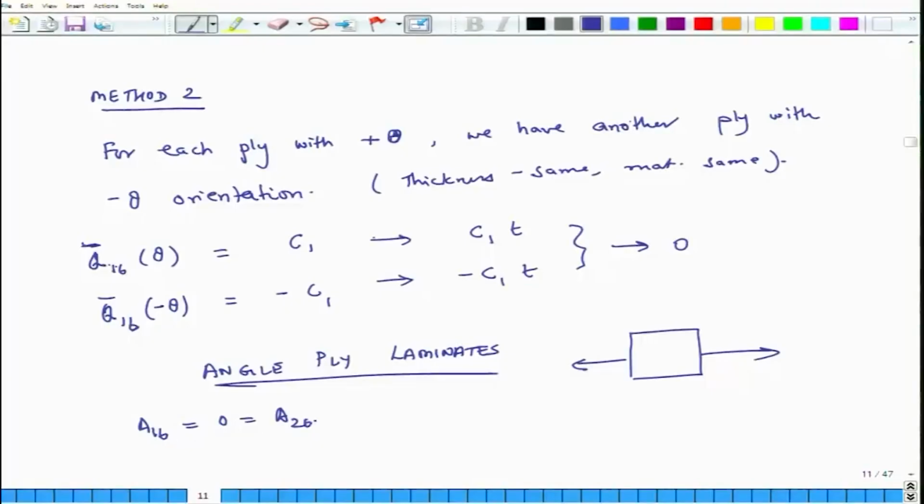Now, this is the behavior of orthotropic materials. So, if A16 equals A26 equals 0, then the entire laminate behaves as an orthotropic material.